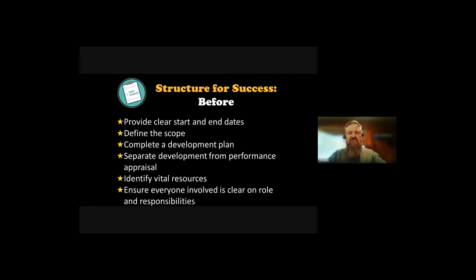And it's just as important to define what is not in the scope as what is in the scope. Otherwise, you end up with a phenomenon that we call scope creep, and everything and anything falls under the project, and the employee becomes overwhelmed.